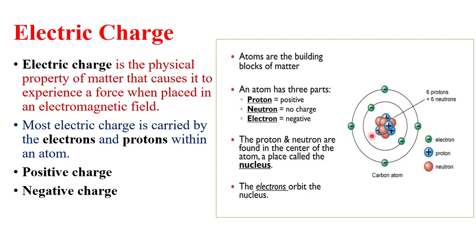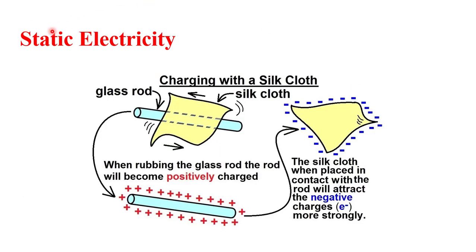Now we'll see what we mean by static electricity. At your high school level, you might have performed this experiment with a glass rod and a silk cloth. When you rub the glass rod on the silk, the glass rod becomes positively charged.